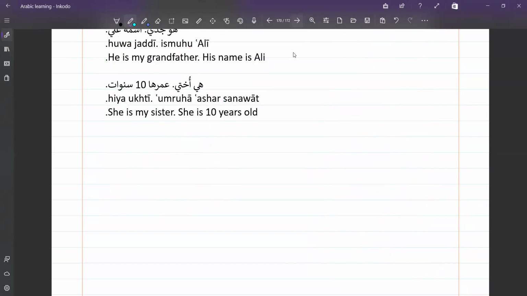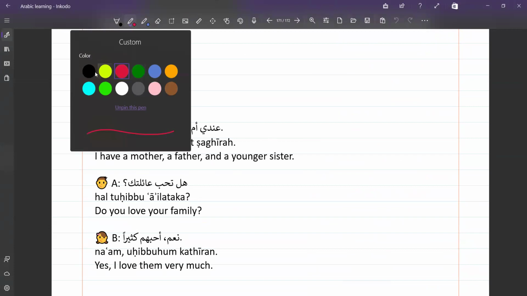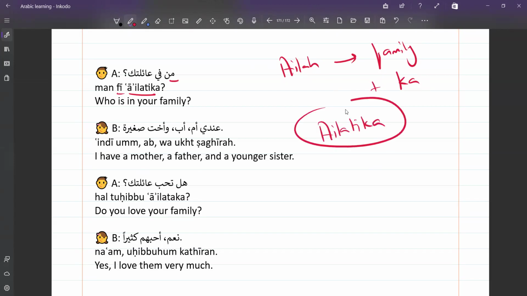So moving on to the last part, but before that, again, let's do some more examples. So if I say man fi ailatika, again, we have done this word aila. Aila means family. Now, if I add the word ka in front of it, it would become ailatika.